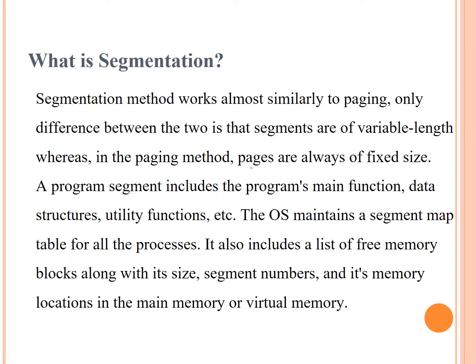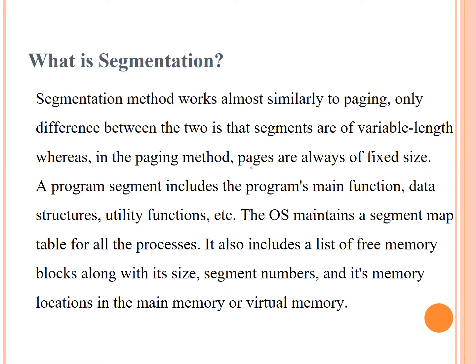Next, what is segmentation? The segmentation method works almost similarly to paging. The only difference between the two is that segments are of variable length, whereas in the paging method, pages are always of fixed size.